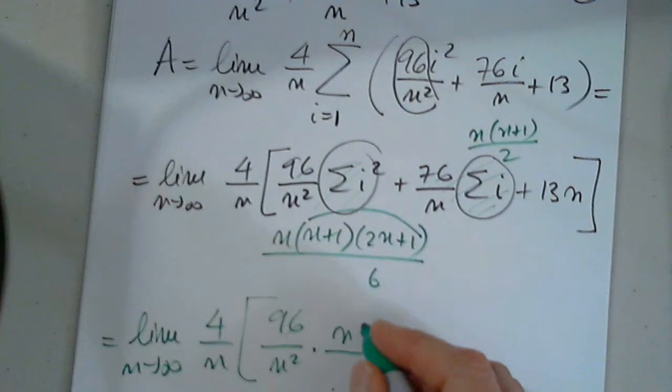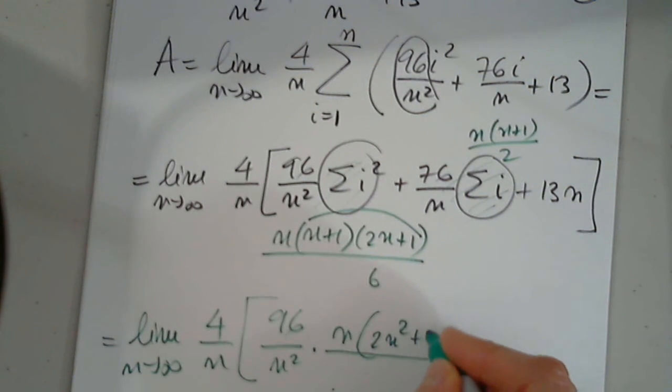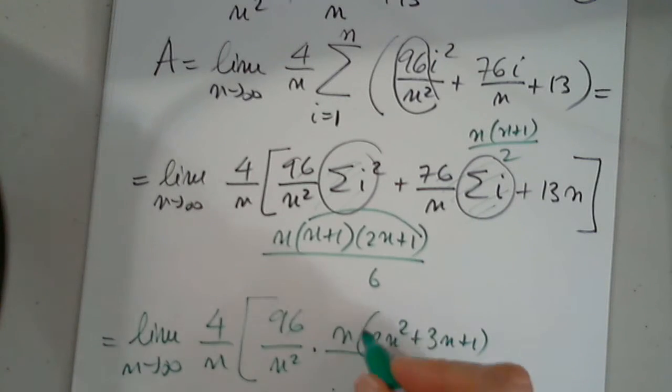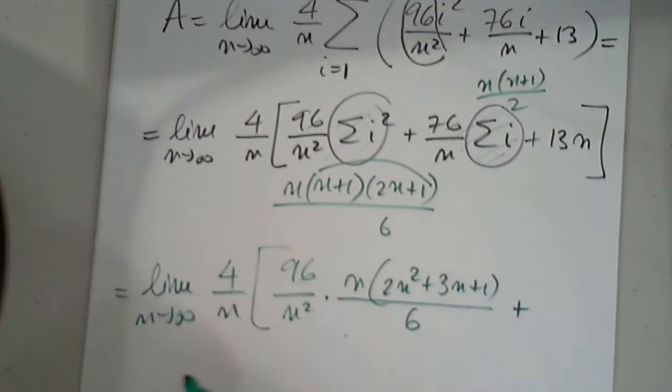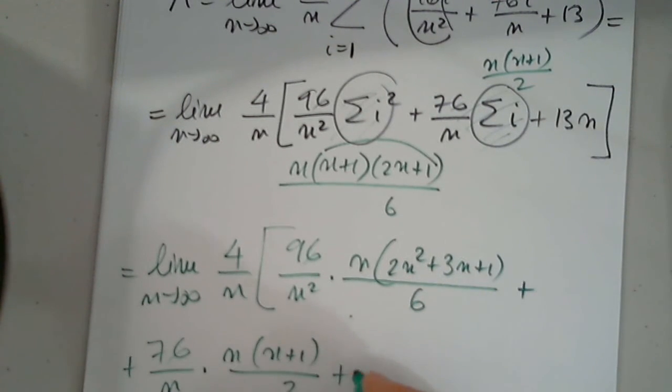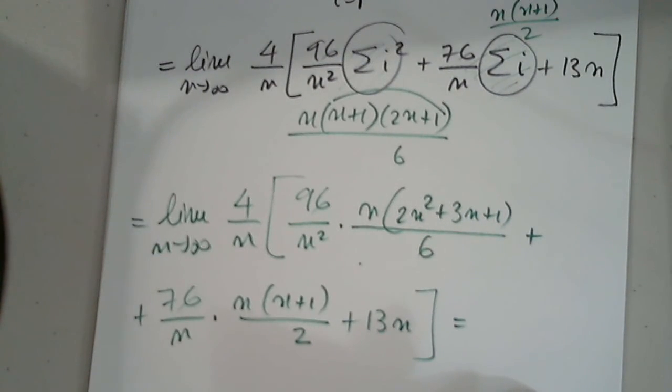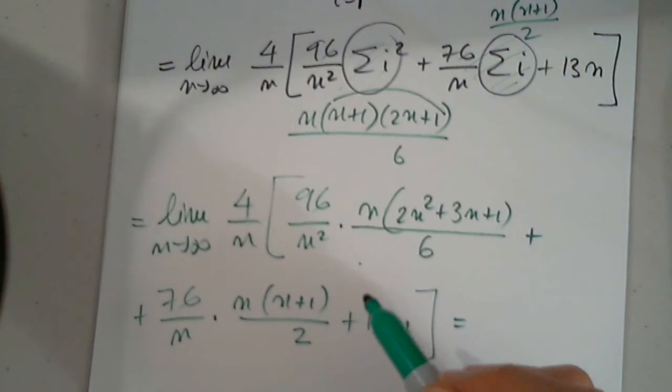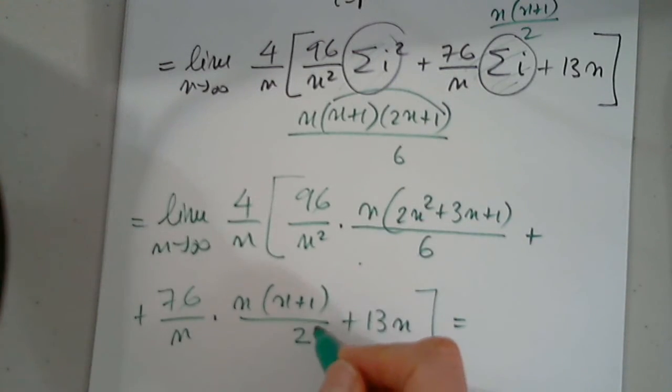Now I will multiply these two. 2n squared plus 3n plus 1 divided by 6, plus 76 over n times n plus 1 over 2, and plus 13n. Okay, I want to simplify, but not everything. N still has to stay.